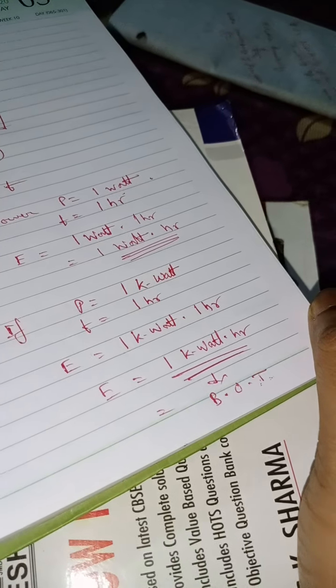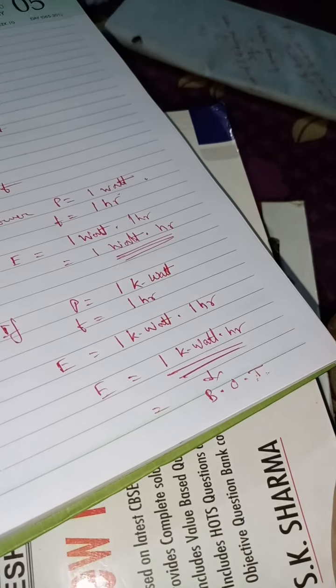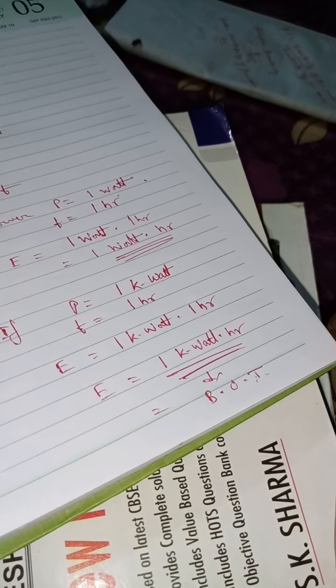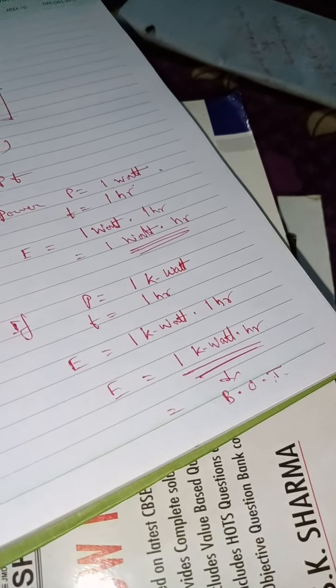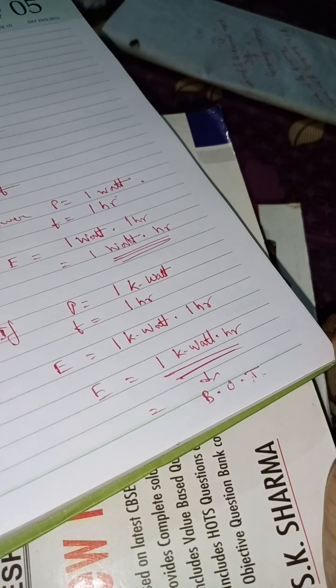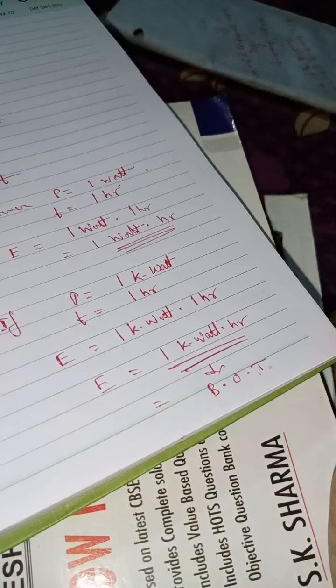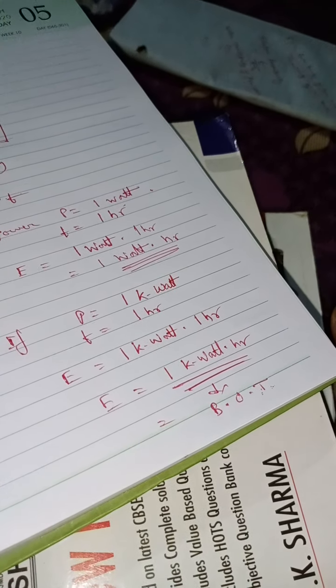Suppose in your home the submersible has the power 2 kilowatt and it works for 1 hour, then what is the electrical energy consumed? 2 kilowatt into hour, that means 2 kilowatt hour, that means 2 BOT.